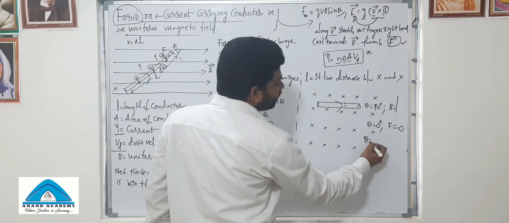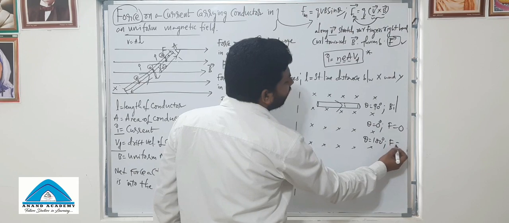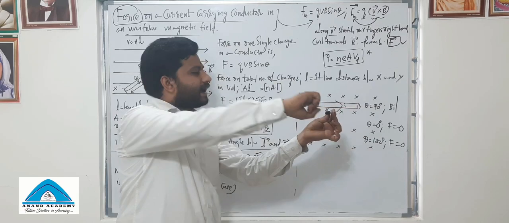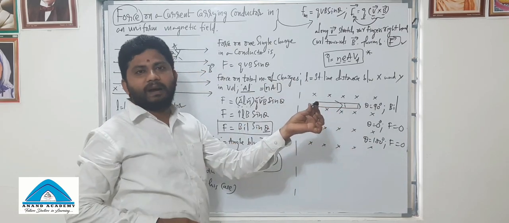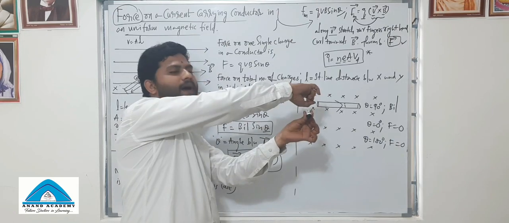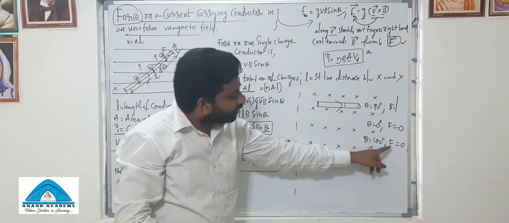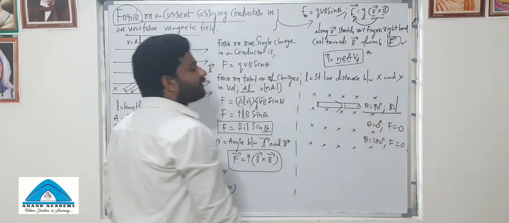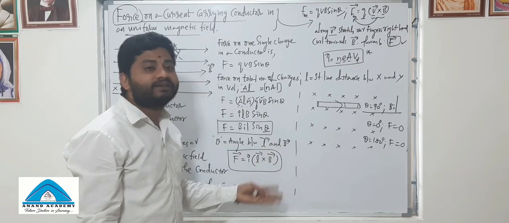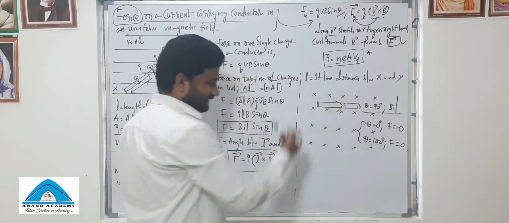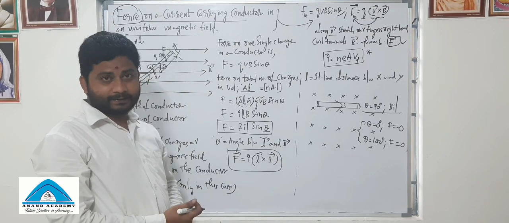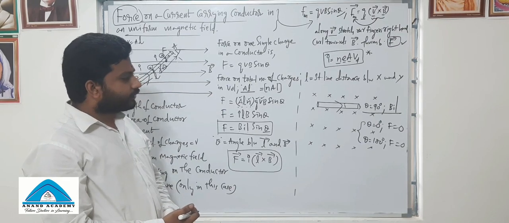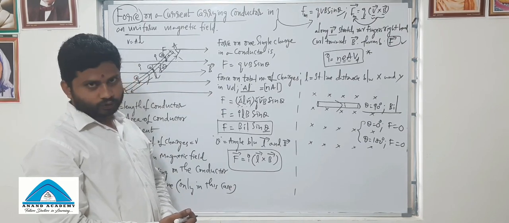And when theta is 180 degrees, here also the force will be 0. 180 degrees means the magnetic field is opposite to the direction of L bar. So the force will be 0. There is a maximum force when the angle between L bar and B bar is 90 degrees, and the minimum in these two cases. Clear? Sure?